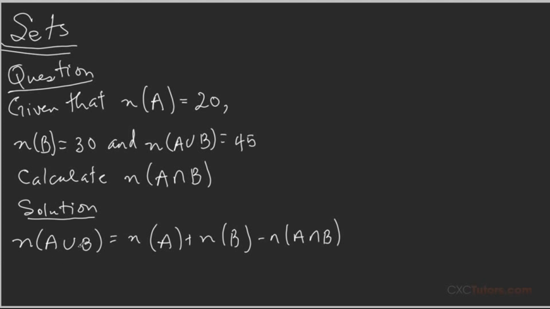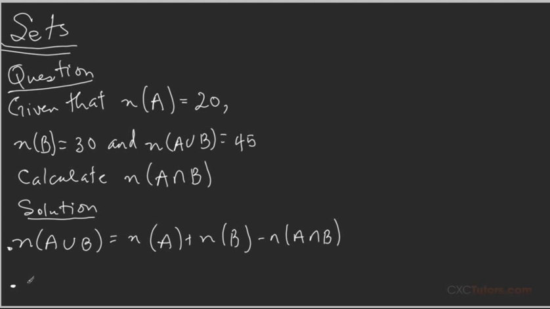And we will apply this formula to get our unknown, which is the number of elements in A intersect B. There's also another important formula that we can apply as it relates to two sets, and we need to know when to use either of these two formulae.